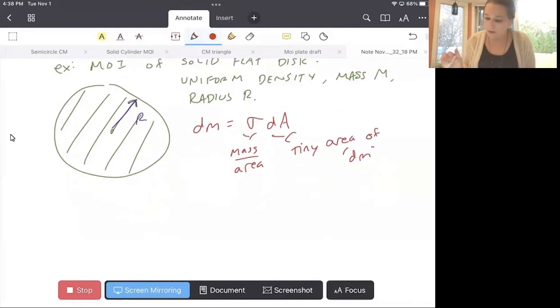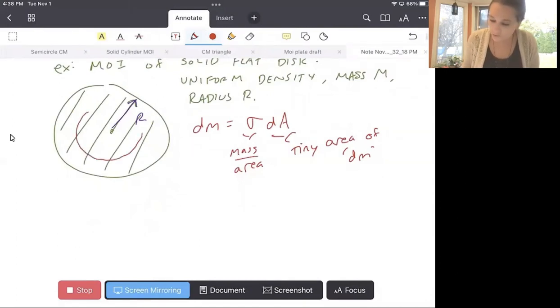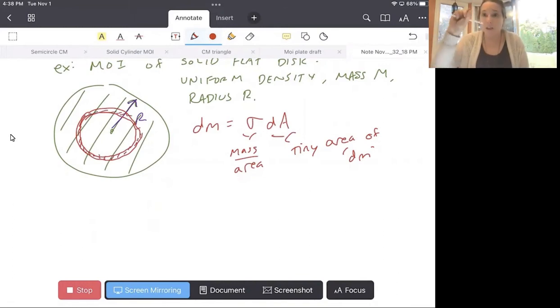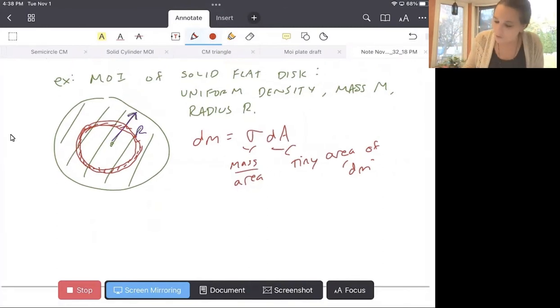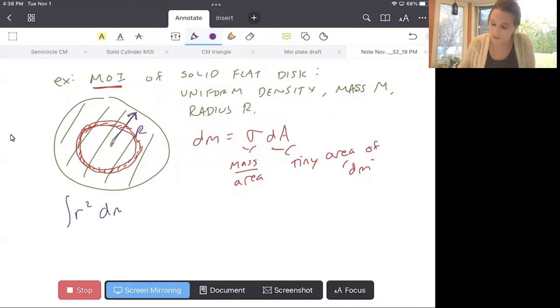So in this case, because of the circular symmetry, I can choose a dm where I use a nice little thin ring, a very infinitesimally thin little hoop, basically. And let's check to make sure this works. So I need to use this for moment of inertia. In my moment of inertia integral, I have the integral of r squared dm.